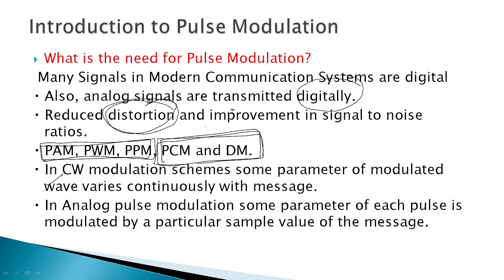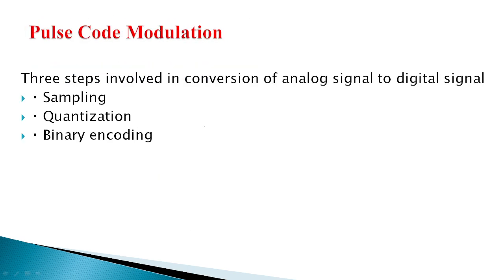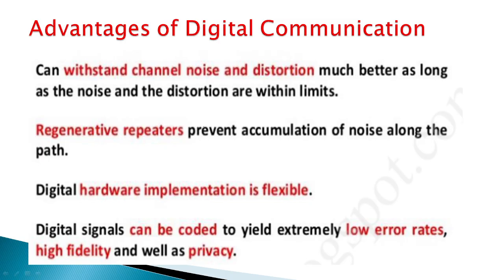The advantages of digital communications, as I said: noise is very less and distortion is very less compared to analog transmission. That's why we are going for digital communication and digital transmission. We can say repeaters prevent accumulation of noise along the path.